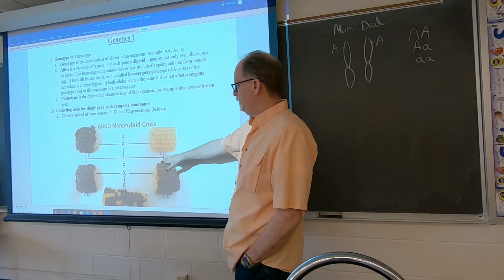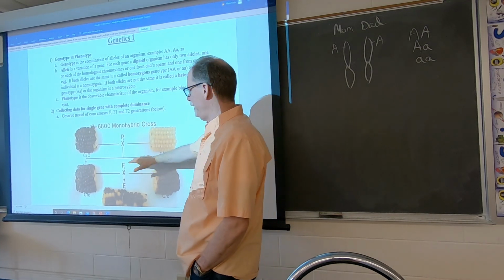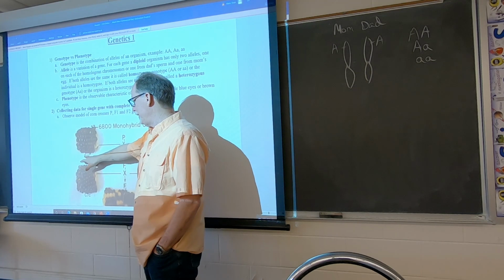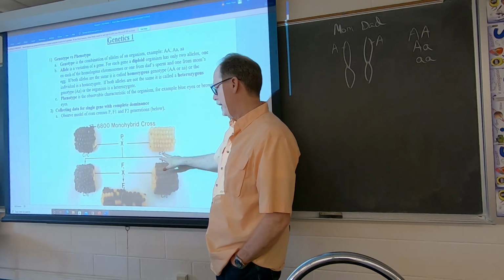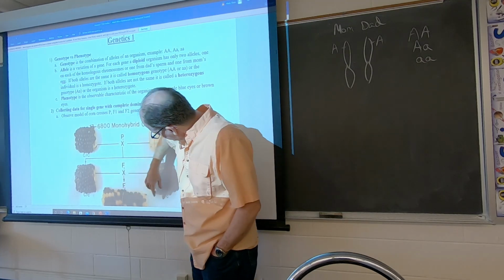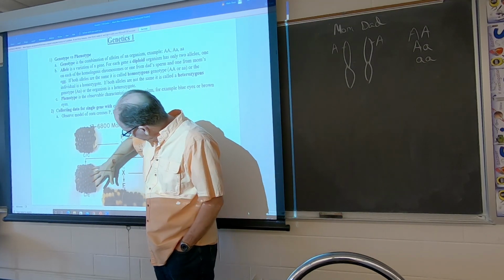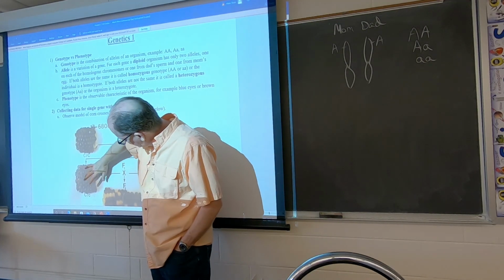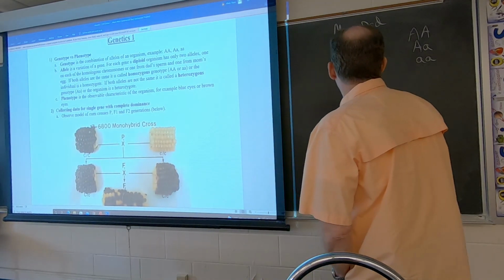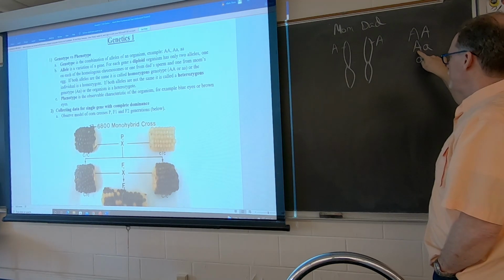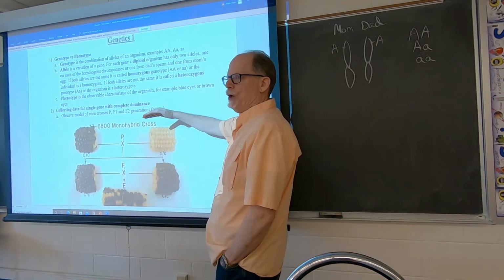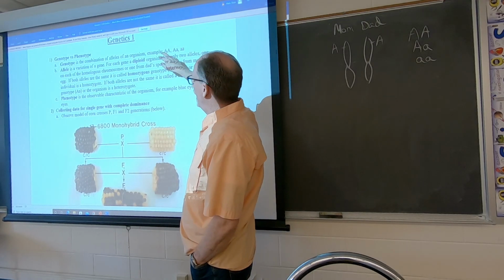Now, it's hard to tell the difference between this C and this C. This is an uppercase C. This is a lowercase c. And then they show two of these, which just means they're crossing this with this, but they're both the same genotype. They're heterozygous, big C, little c. That's their genotype. So the genotypes are letters.